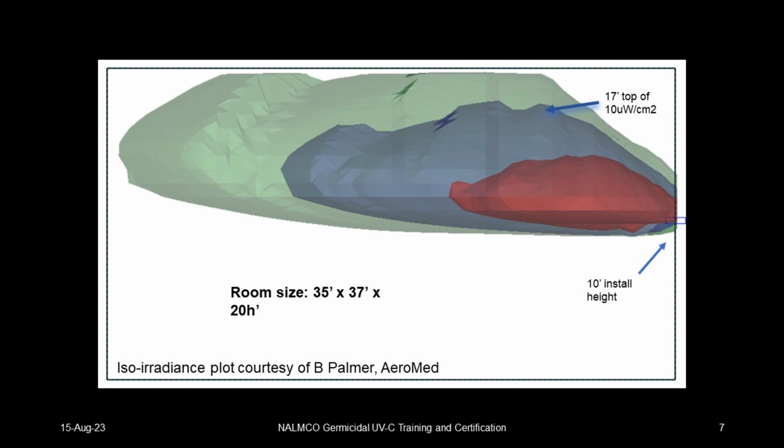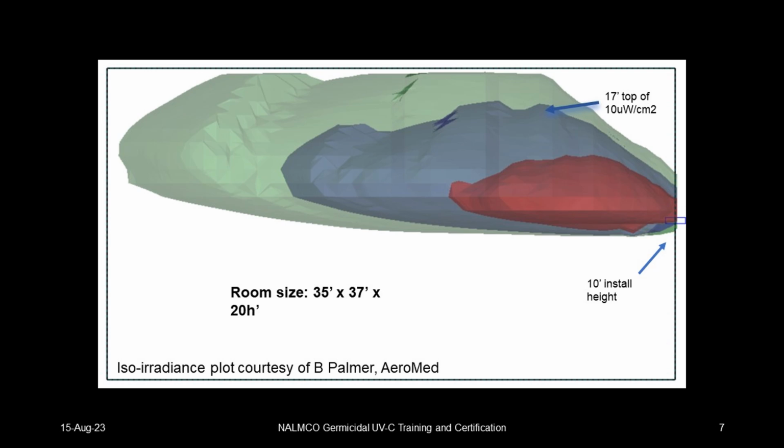With the red line, obviously it's going to be much, much higher. And with the green line, it's going to be much, much less. So between here, which is the blue, and the edge of the green would be essentially ranging from 10 down to 1 microwatt per square centimeter.